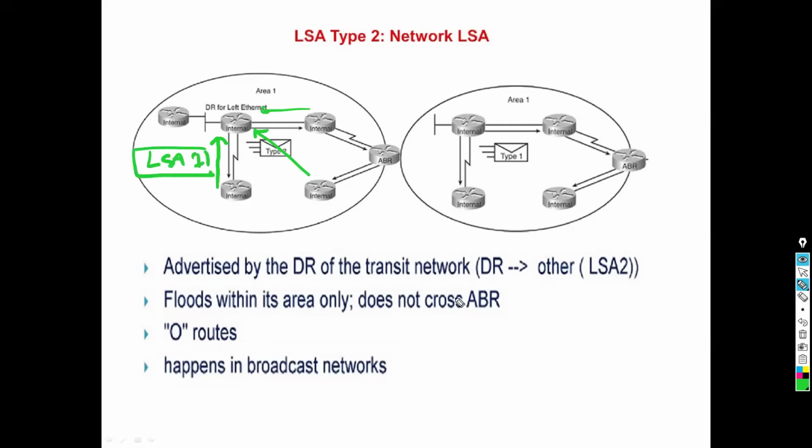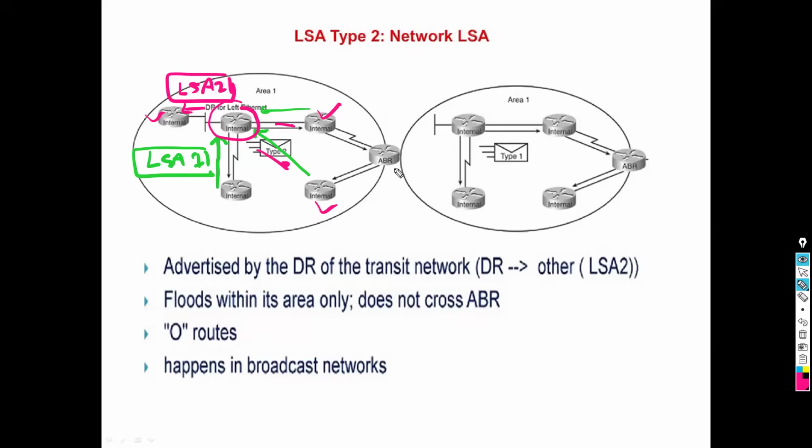When the DR router sends this update to the rest of the routers, this is called LSA 2. So if these routers are not getting updates, the problem is related to the DR router. Something happened, some problem we have in the DR router. Clear now this point? LSA 1, LSA 2.